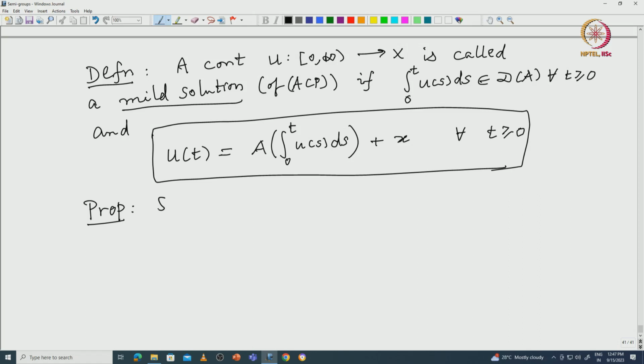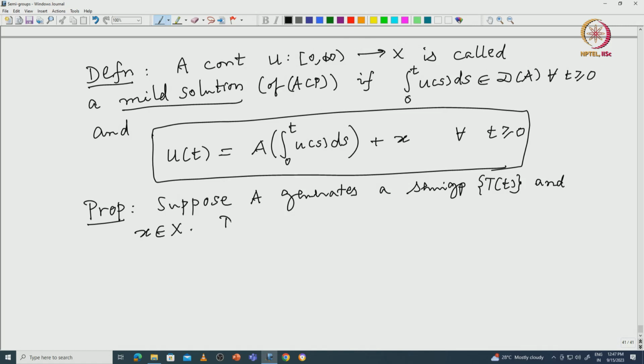Suppose A generates a semigroup T(t) and x belongs to X.